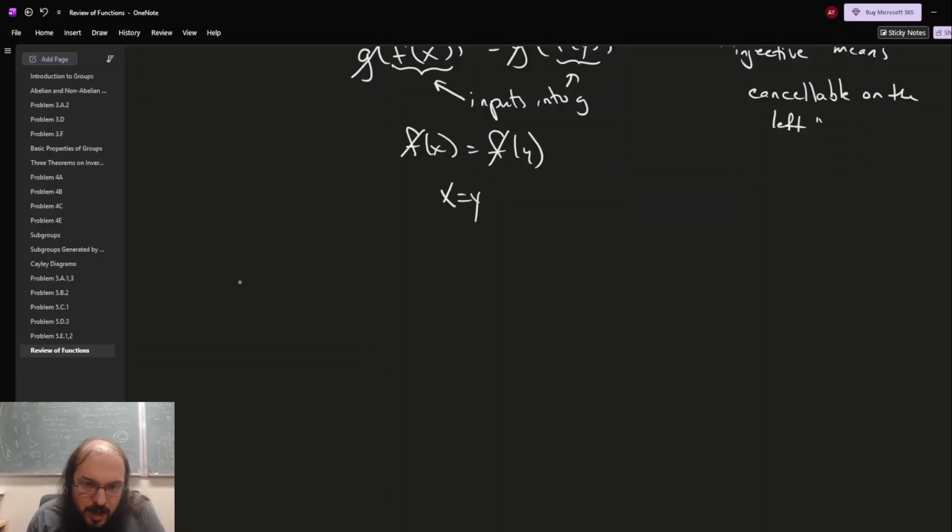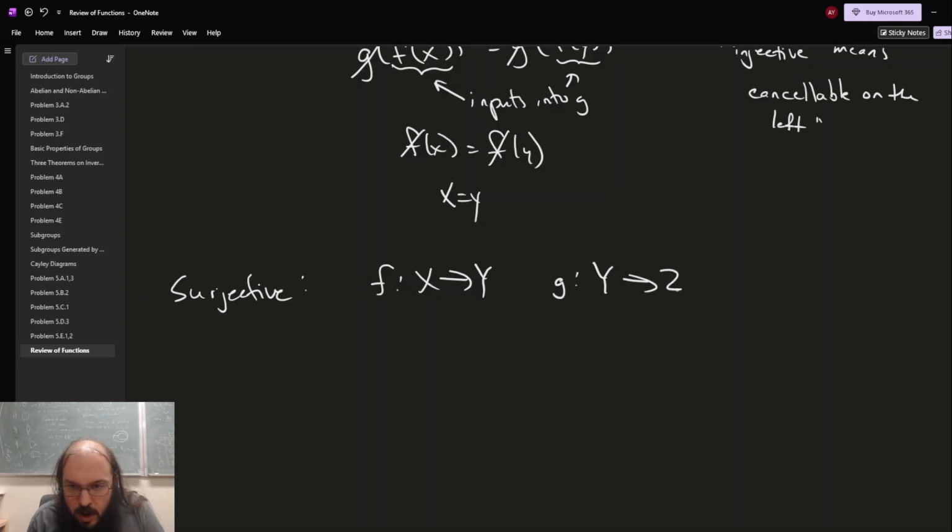Okay, now surjective. For this, we have f going from X to Y, g going from Y to Z. So g composed with f goes from X to Z directly.